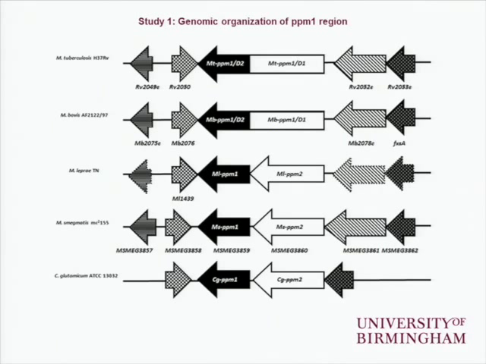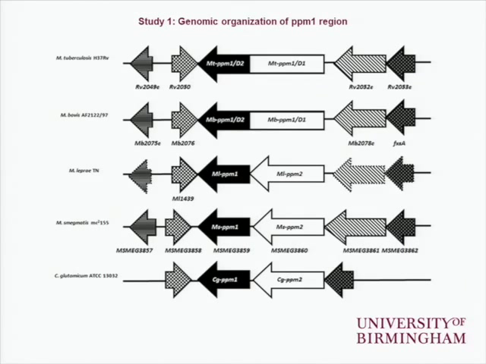It's interesting that in tuberculosis it seems to be a fused gene product. The one half has the catalytic domain, that's the glycosyltransferase, but the other half seems to be involved in an acylation process.